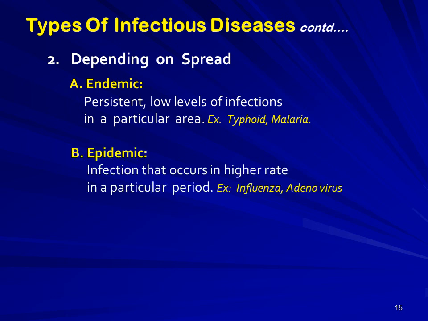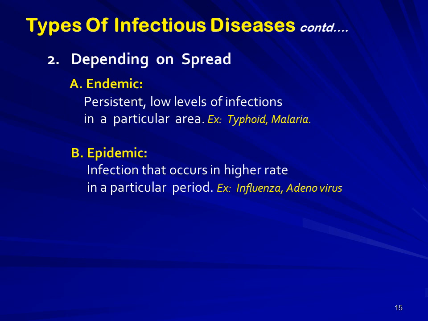And another form of the infectious disease is known as epidemic. If the infection occurs at a higher rate in a particular period, then it's known as epidemic. Say for example, influenza and adenovirus, and these viral infections are seen in the community in large numbers in a given period.